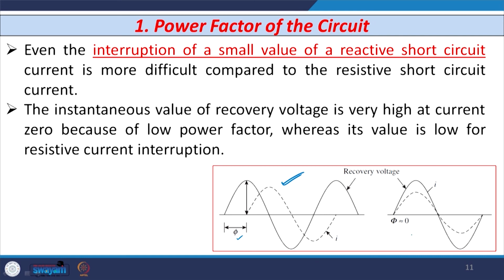Whereas on the other side, the value of phi is almost 0, because both the recovery voltage and the current to be interrupted are in phase. So, the power factor is very high, and the voltage appearing across the contacts of the circuit breaker is lower than in the previous case.